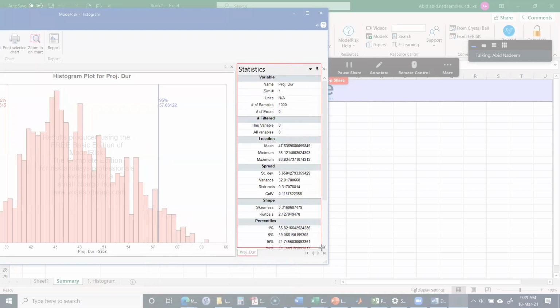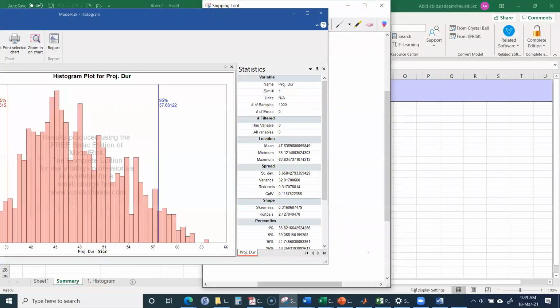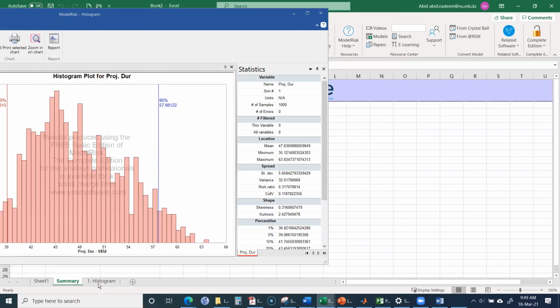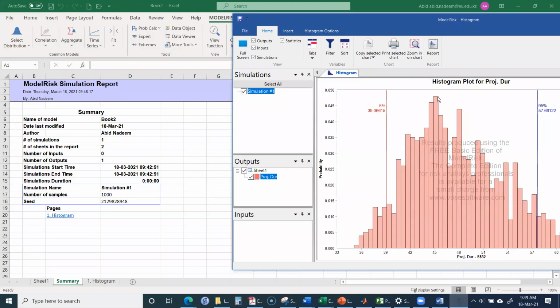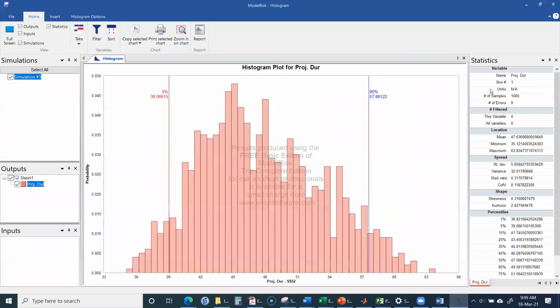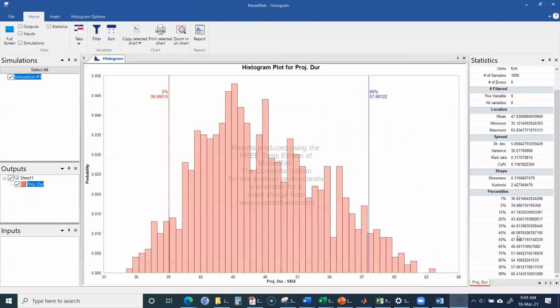So I need to take the screenshot 2 times, and then you save it in your Excel. This is because this basic version of the model risk is only providing you this summary. So these statistics are important. Okay, mean, minimum, maximum, and the standard deviation, and then these percentile values are also important.